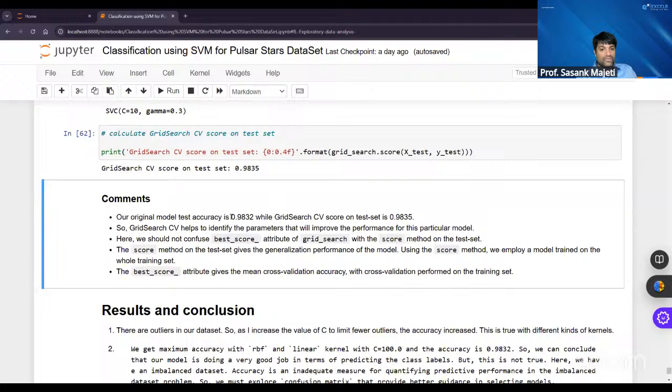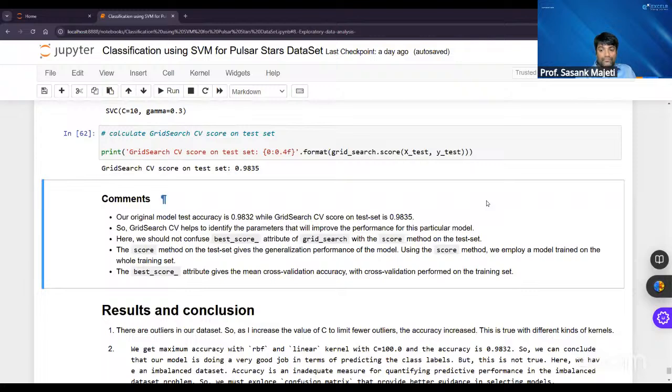It is 98.32 when we tested it, and when we used grid search CV, the score is around 98.35. So you can see a 0.03 percentage improvement in the score, so there is a slight improvement in what we have done.